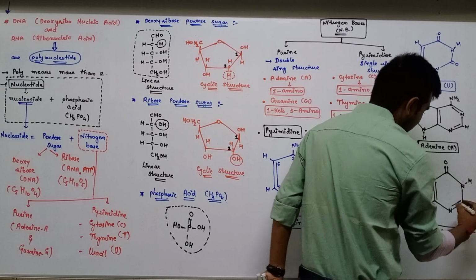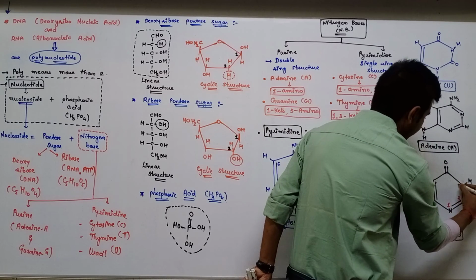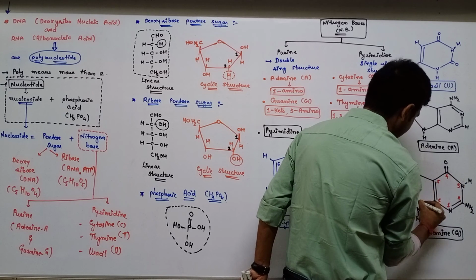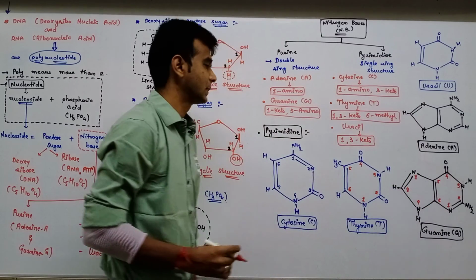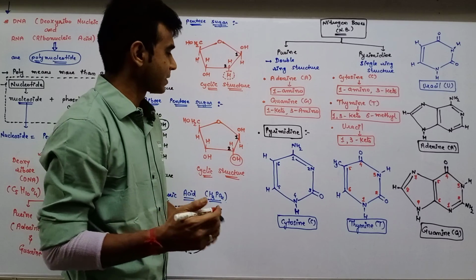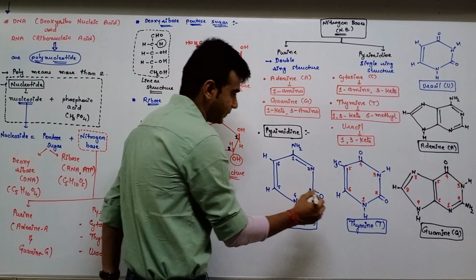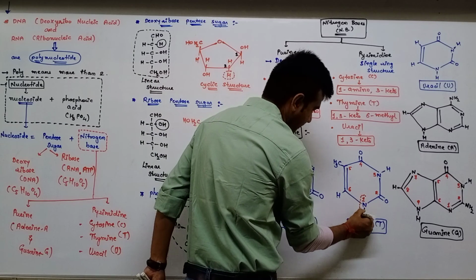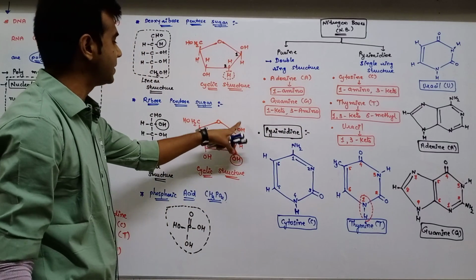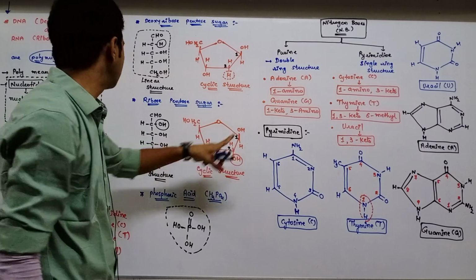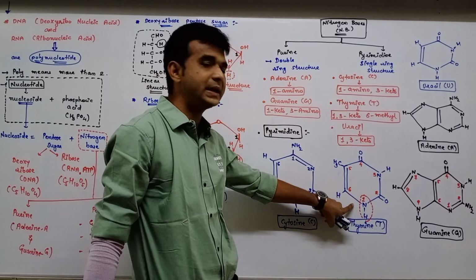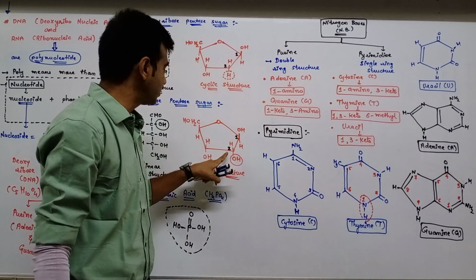Yes, now question is moving in your mind that 1, 2, 3, 4, 5, 6, 7, 8 and 9. In purine 9 total numbers are there. So I want to tell you that first number nitrogen forms the bond at the first carbon of pentose sugar and forms the nucleoside. First number of nitrogen in pyrimidine nitrogen base and first carbon on the pentose sugar.